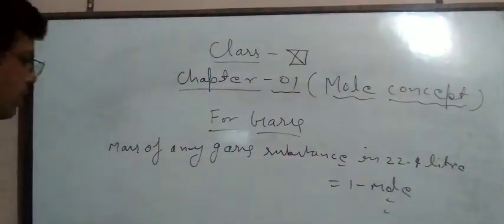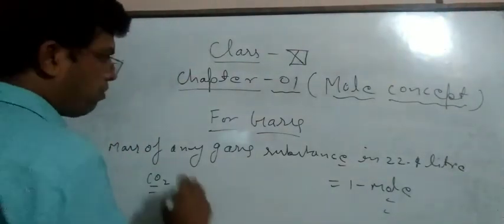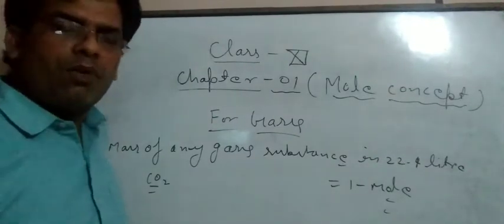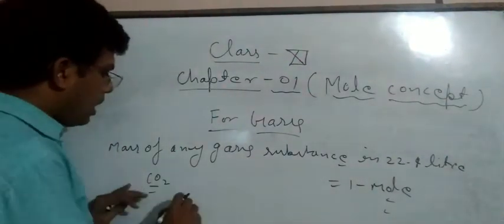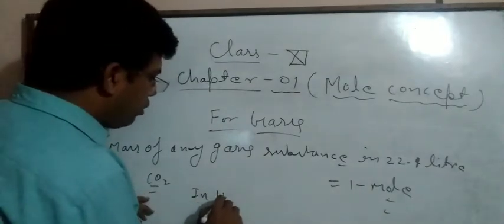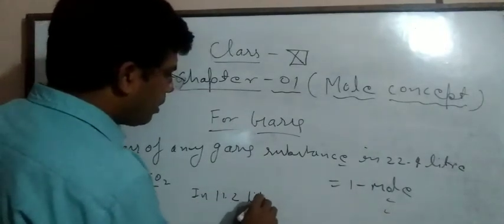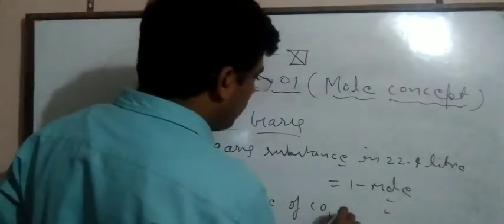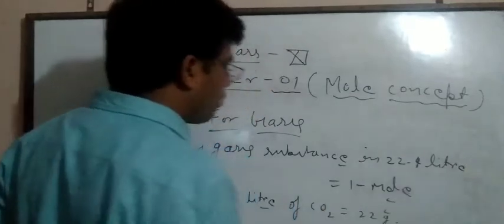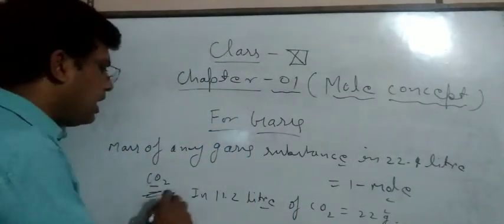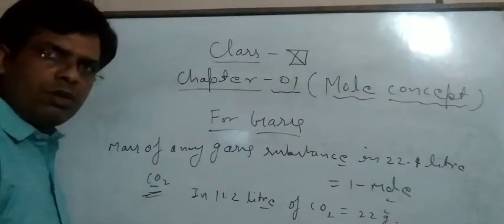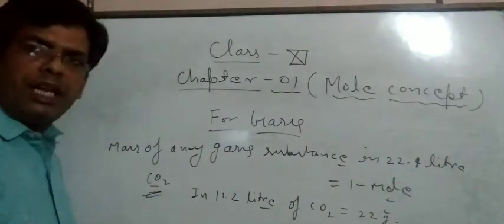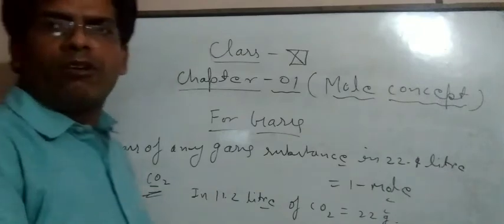For example, if carbon dioxide, CO2, is taken, then what happens? If in 11.2 liters of CO2 the mass is equal to 22 gram, then what is the molecular mass of carbon dioxide?